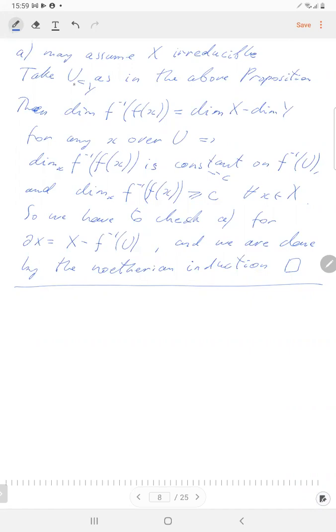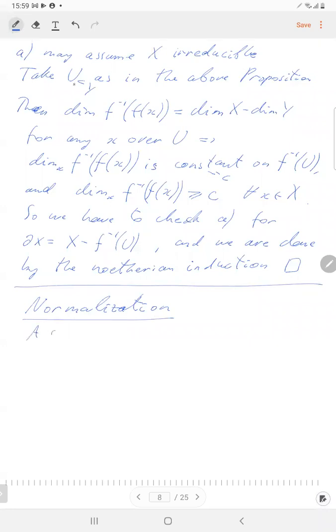Namely, let's consider the normalization procedure. I will presently define it, but it's, so to say, a first approximation to resolution of singularities.